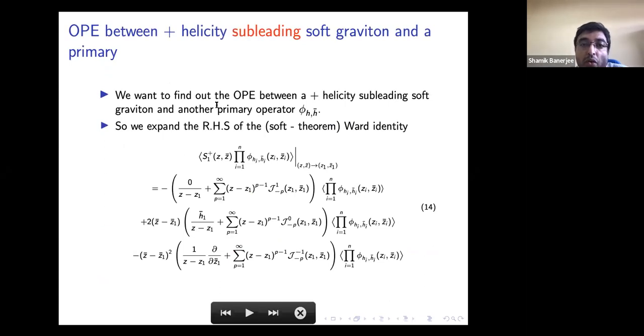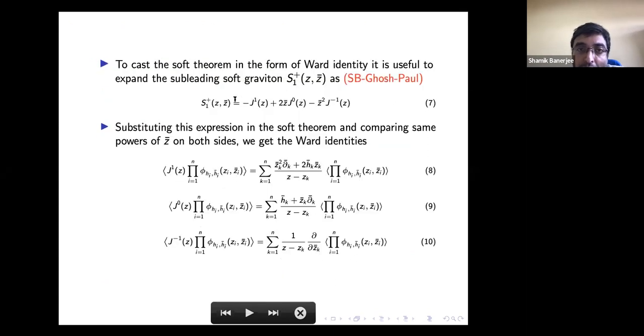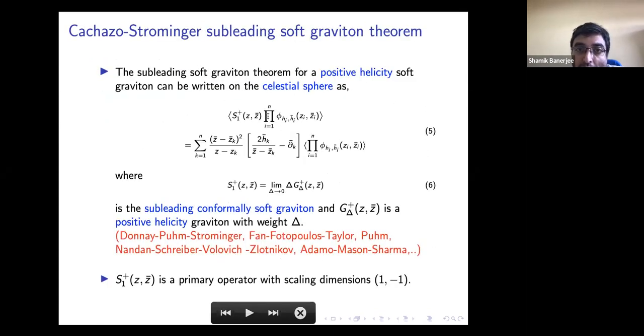Now, what is the OPE? What we want to do is compute the OPE between this S plus 1 ZZ bar, the subleading conformally soft graviton, and a phi field, phi HH bar ZZ bar.